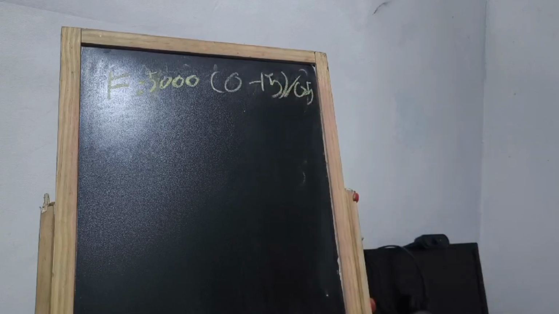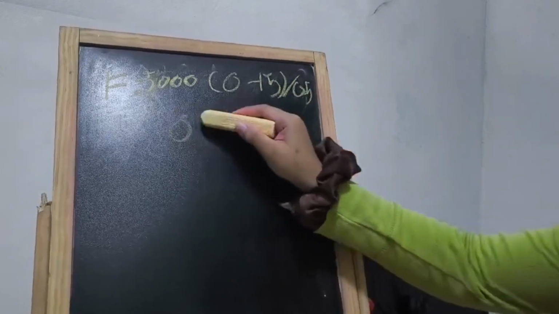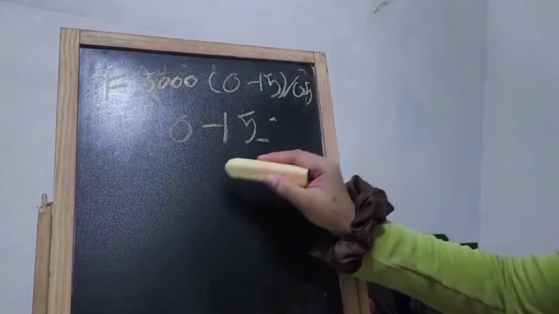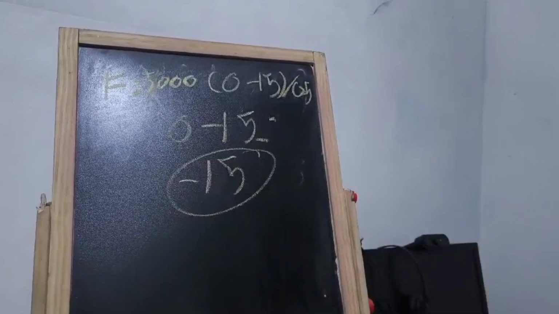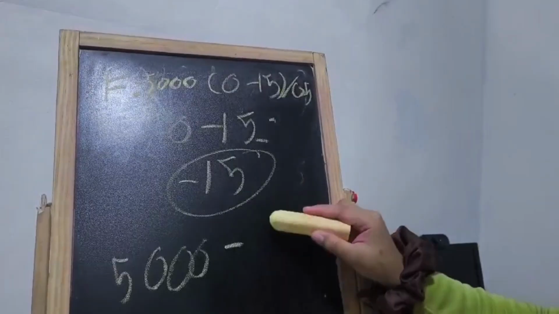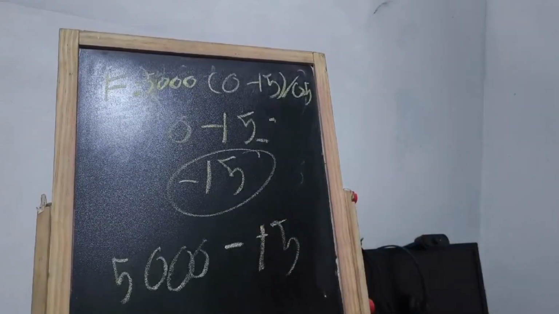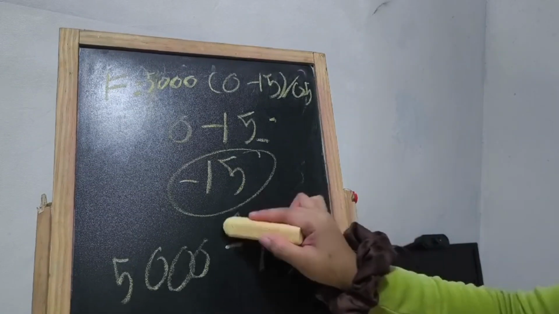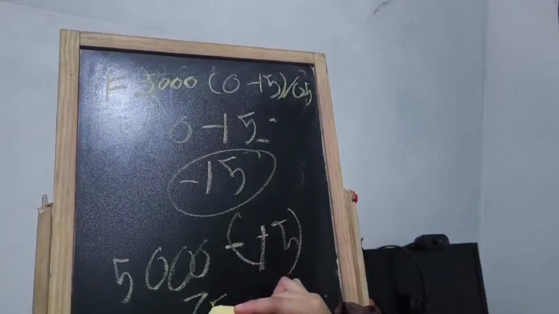First, we have to subtract the velocities. 0 minus 15 is equal to negative 15. Next, we have the mass, 5,000 times negative 15, we will have negative 75,000.